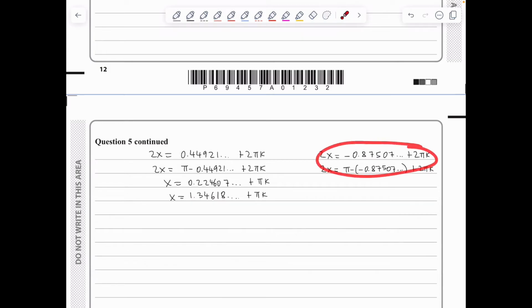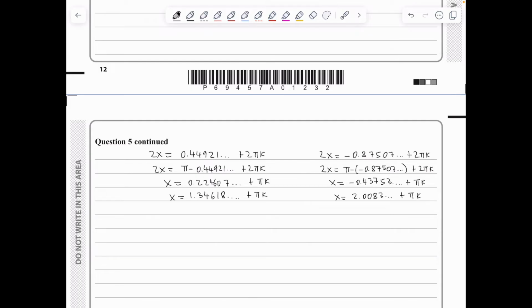Whereas in this case, I will again divide by 2 to get x is minus 0.43753... plus pi k, or x is 2.0083... plus pi k.